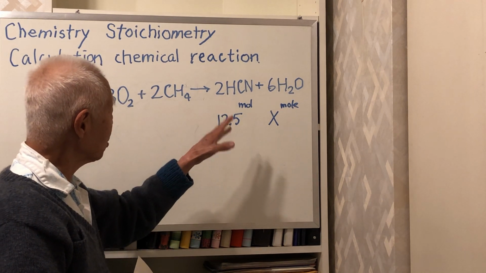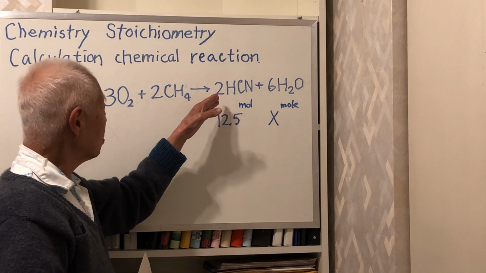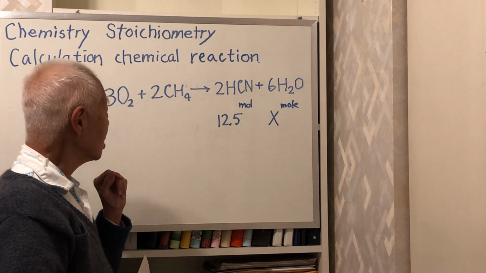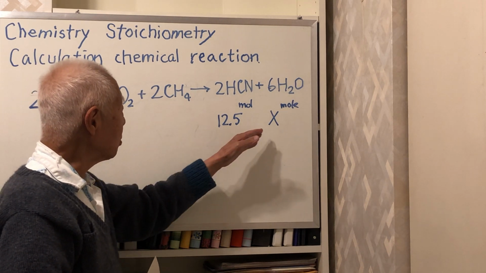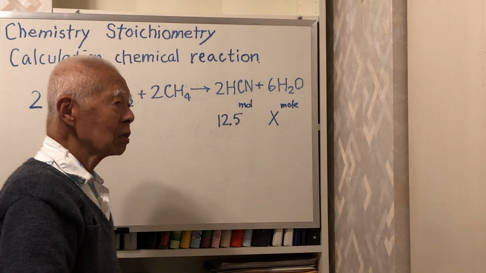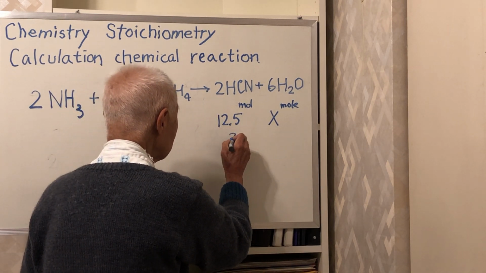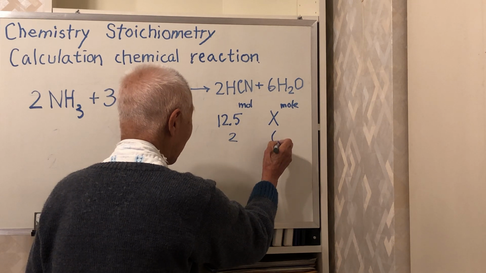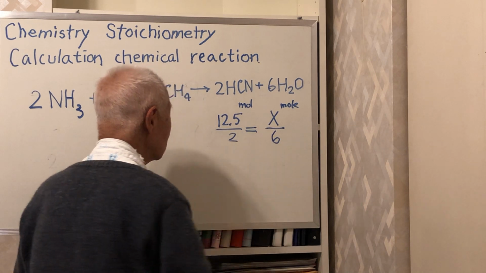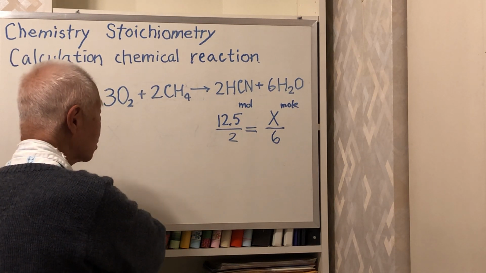Maybe I should say it in another way. In this reaction, if I want to produce 12.5 moles of hydrogen cyanide, then at the same time, how many moles of water will be produced? Similar to what we have done so far, put the 2 below this, put the 6 below that, below x, do a ratio, let them equal to each other, solve for x. How do we solve for x?